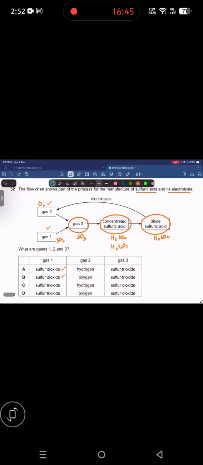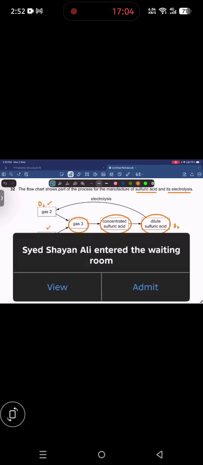Okay, that oleum is converted into dilute sulfuric acid. The dilute sulfuric acid will give off oxygen gas in the process of electrolysis. The oxygen gas is produced there and the hydrogen gas is produced. So the oxygen gas is recycled as gas number 2 here.